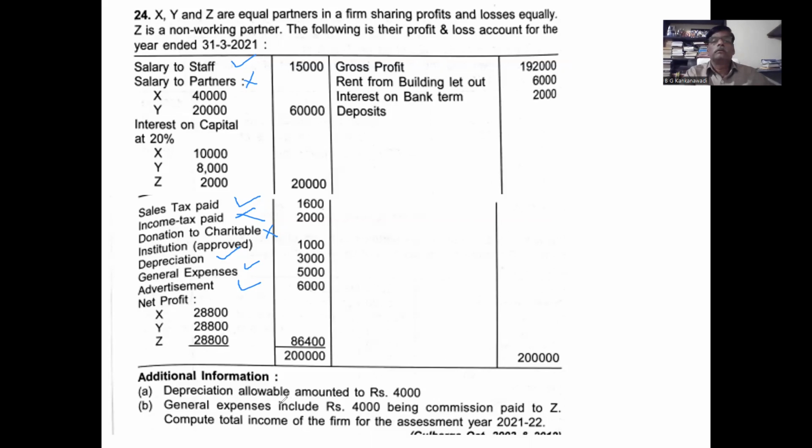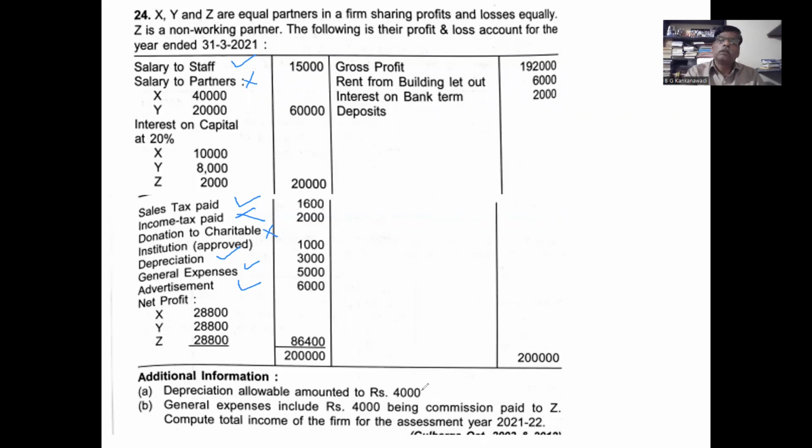After that, go to adjustments. First adjustment is depreciation. Depreciation of 4,000 is allowable, but in the problem 3,000 is there. In the P&L account you have taken 3,000, but as per income tax rule, 4,000 is allowable.